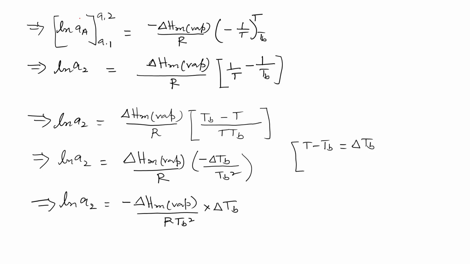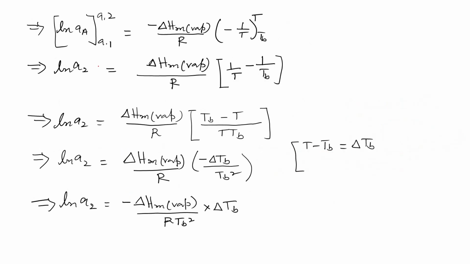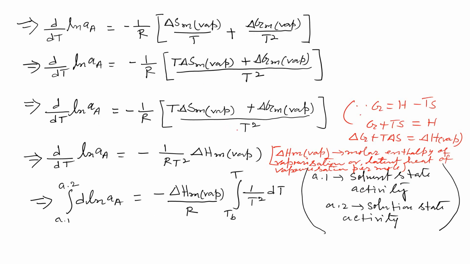Okay. Then if we integrate it, then look at here. The integration of d ln activity of A will be ln activity of A, with upper limit A1, that is solvent activity, and A2, that is solution activity. Okay, that means the activity of the solvent in the solution state, minus delta Hm vaporization by R, and then the integration of 1 by T square dT.